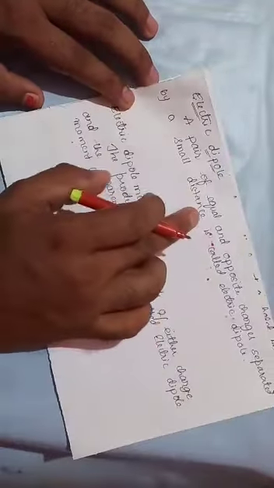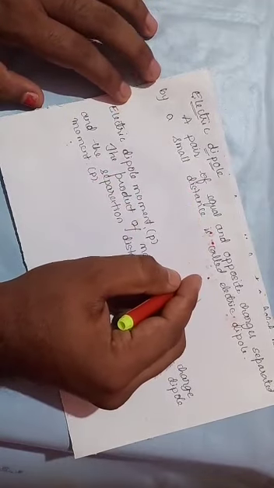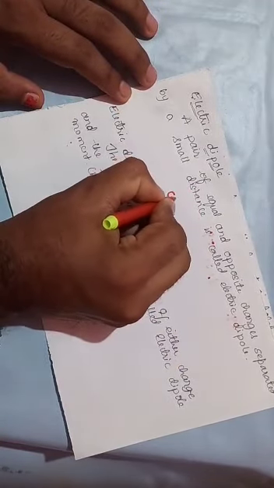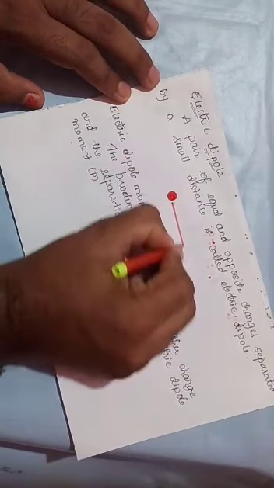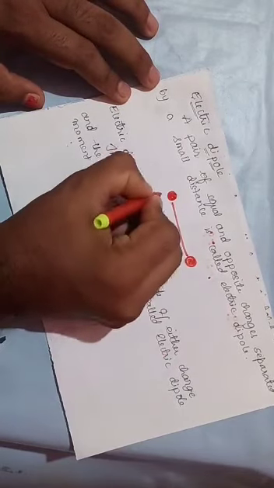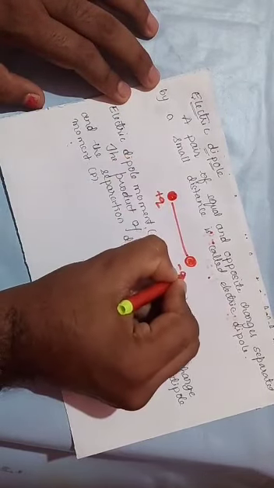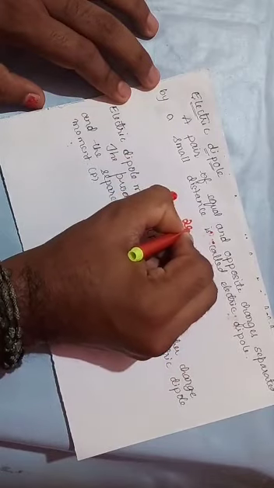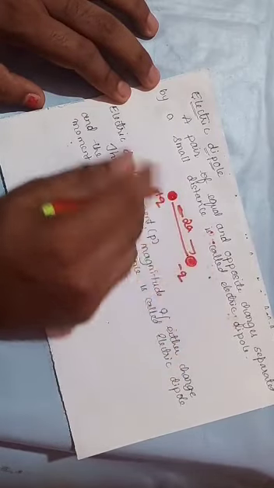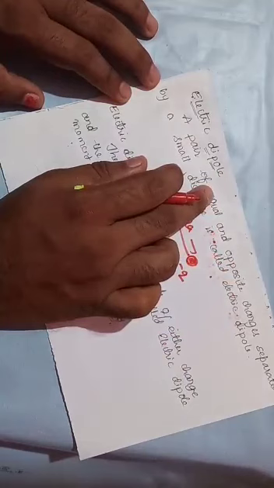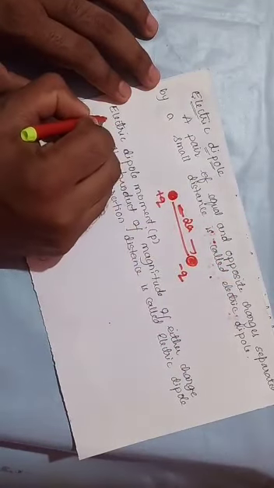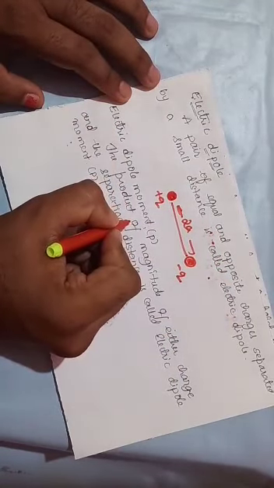So the definition of the electric dipole says that it is a pair of equal and opposite charges separated by a small distance. If it is plus q, then the other is minus q, and the separation distance between them is 2a. This system is called an electric dipole. Then one more definition: electric dipole moment.